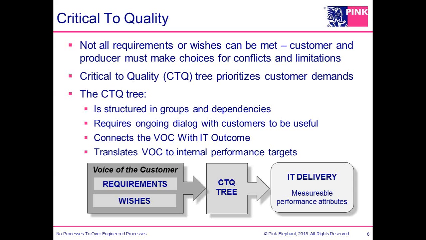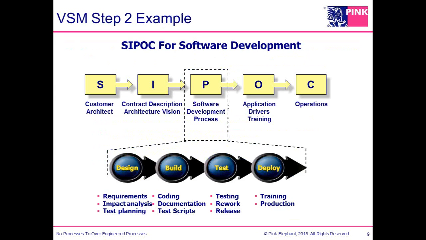Then operations expects certain packages, artifacts, and documents handed off so they understand clearly how to monitor, measure, manage, support, and sustain that service when it goes live. With that, we then use a SIPOC.